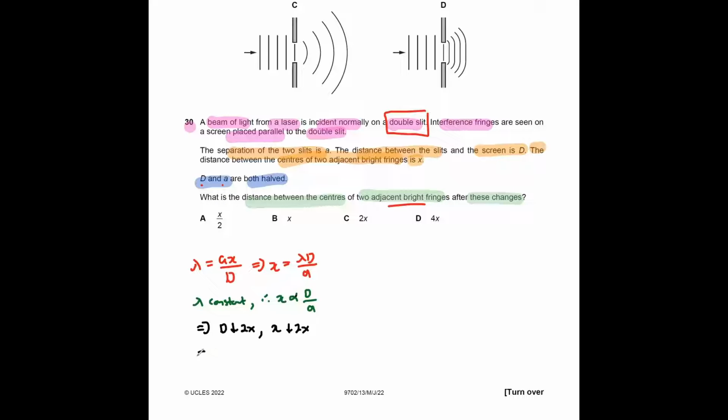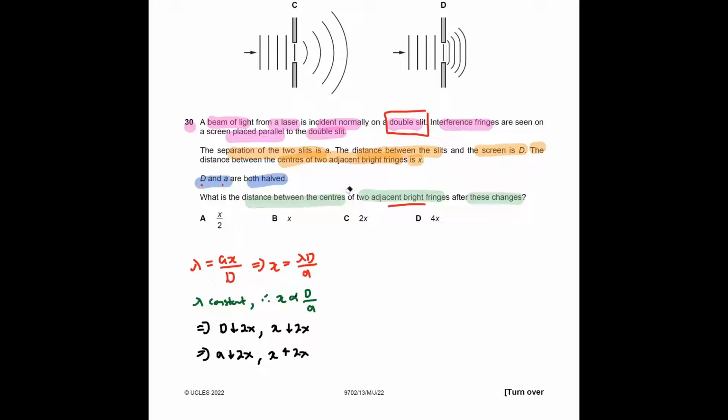Then if I look at A, it is reduced by 2 times. X must increase by 2 times because here X is inversely proportional to A. If A decreases, X must increase. And because they are both at power 1, the amount of change is actually the same. A reduced 2 times, X must increase by 2 times.